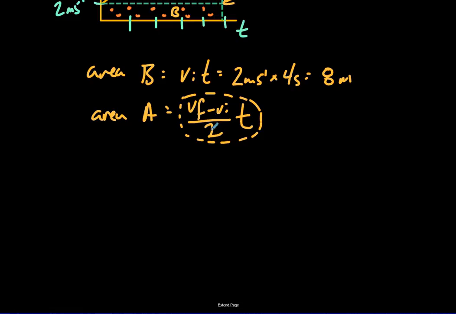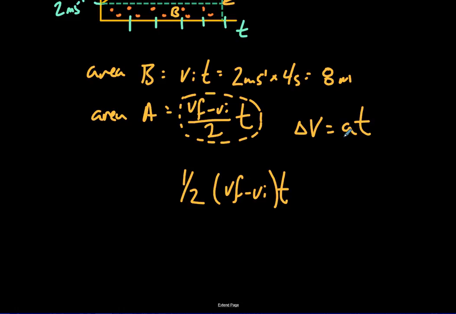The first thing I'm going to do is pull the half out. I'm going to say this is the same as saying 1/2 times (vf minus vi) times t. I'm going to remind you that before we learned that a change in velocity is the same thing as an acceleration times a time, or vf minus vi is the same thing as acceleration times time.